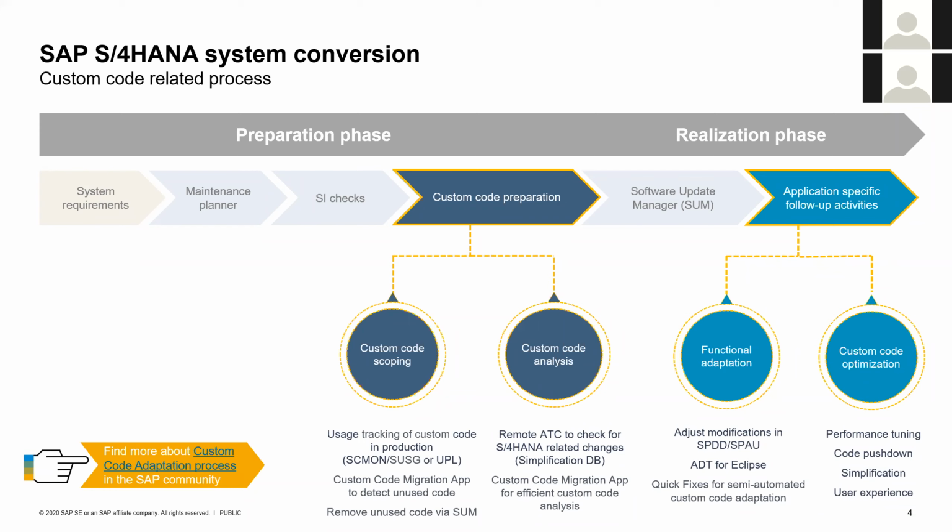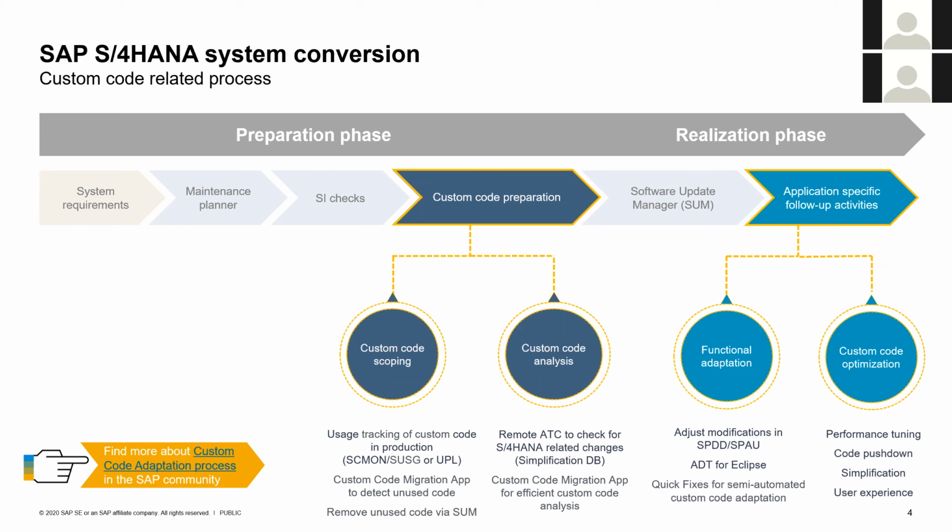And then we, of course, recommend first to set back to standard the changed, modified, and enhanced SAP code as far as possible. And for this purpose, there are dedicated transactions, SPDD and SPRU.